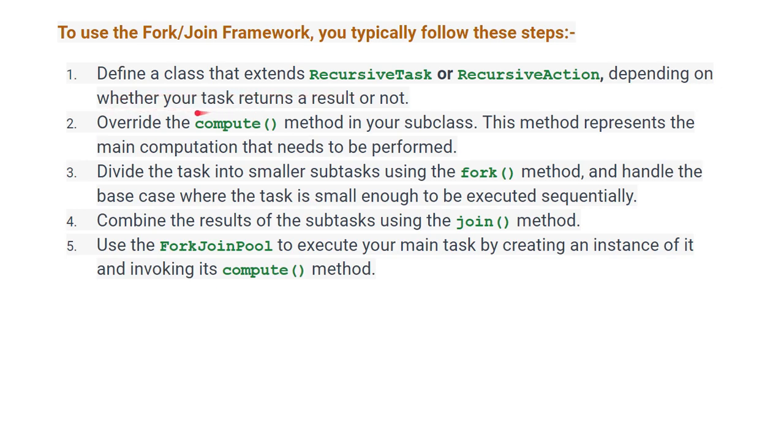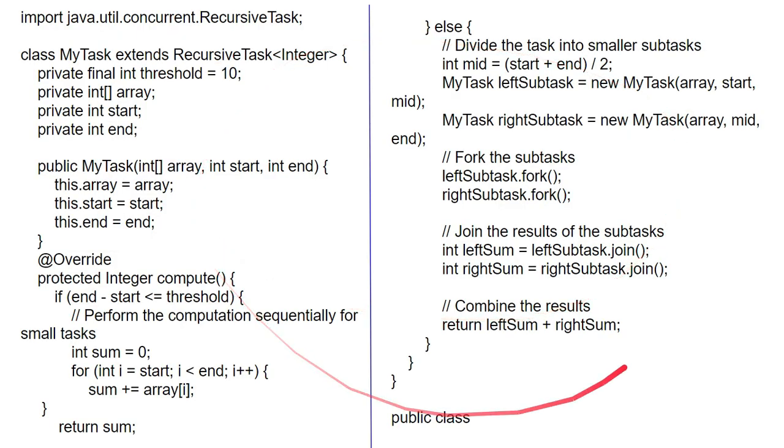Override the compute method in your subclass. The method represents the main computation that needs to be performed. Divide the task into smaller subtasks using the fork method, and handle the base case where the task is small enough to be executed. Okay, so that is what we have to understand. And this is also code, you can go through that and try to understand how we have written it.